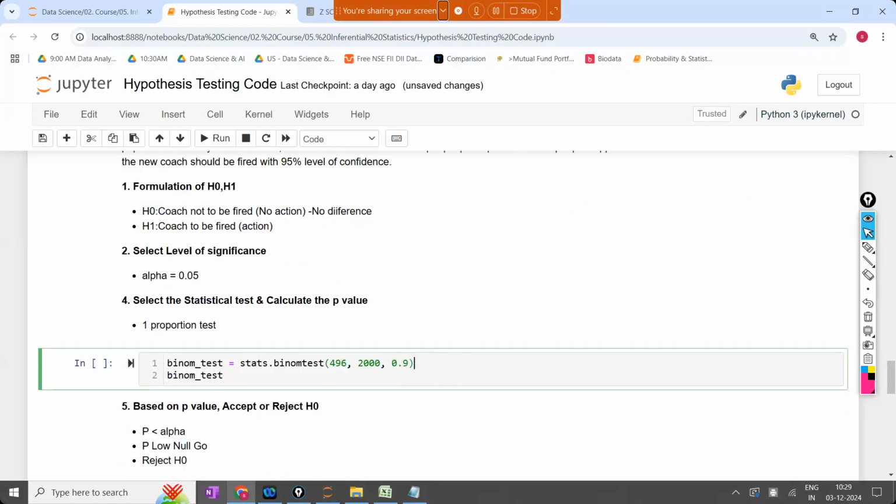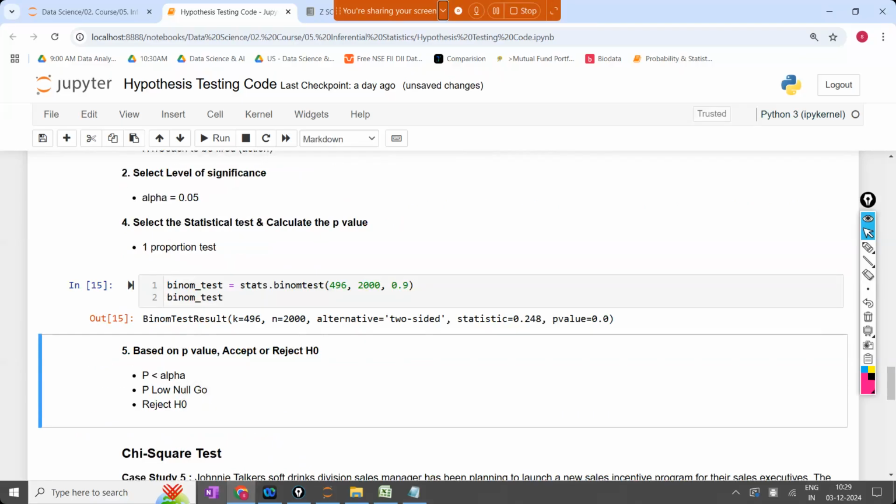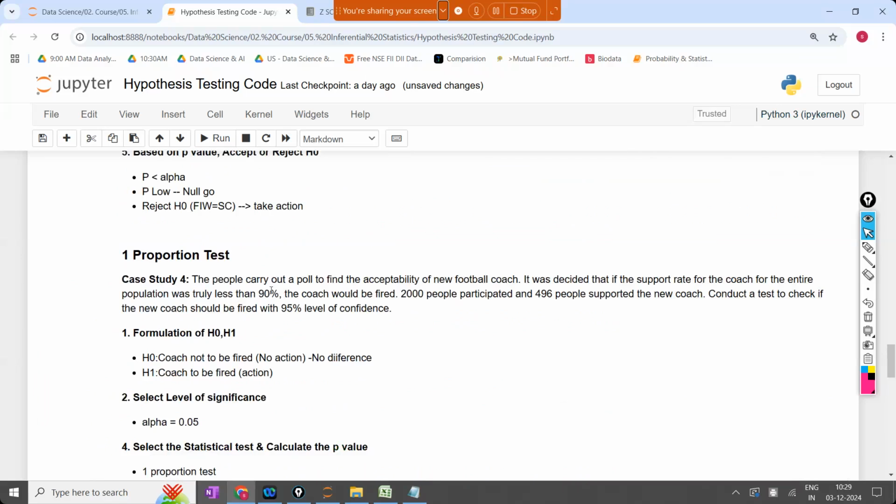That number I'm writing here, and I'm going to get the p value. What is the p value? The p value is 0. Since p value is less than alpha, reject the null hypothesis. 0.9 is given in the question, 90% of the people.